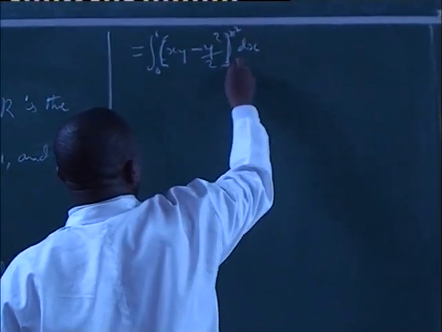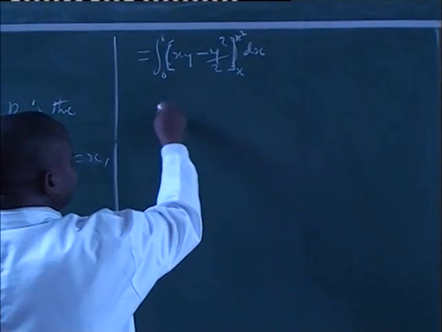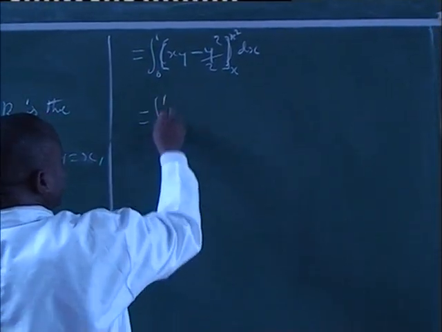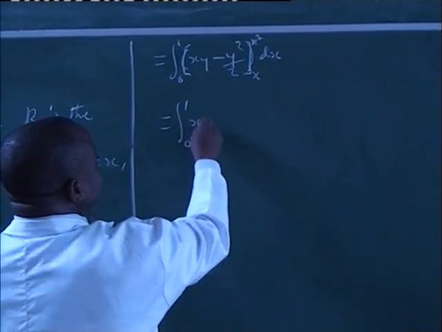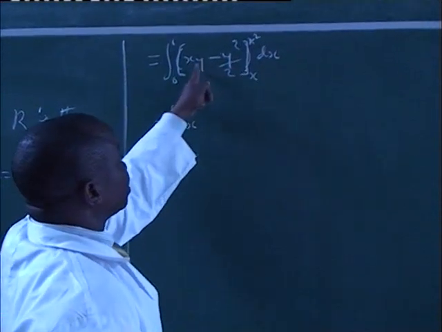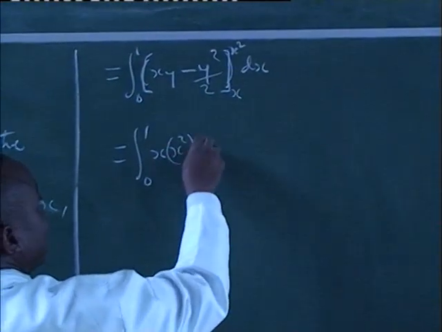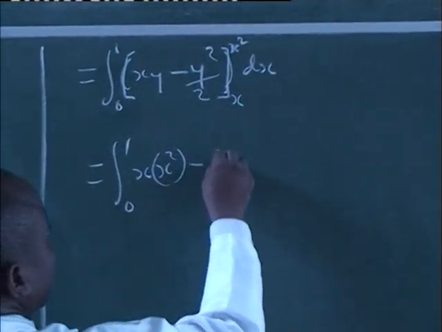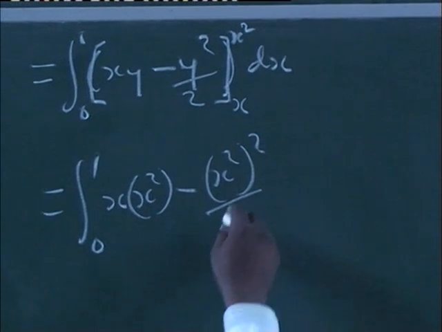We have x squared and we have x. So if we do that, this will give us the integral from 0 to 1. Now, if you put x squared in the place of y, then we have x cubed minus x to the power 4 over 2. That is what we have.